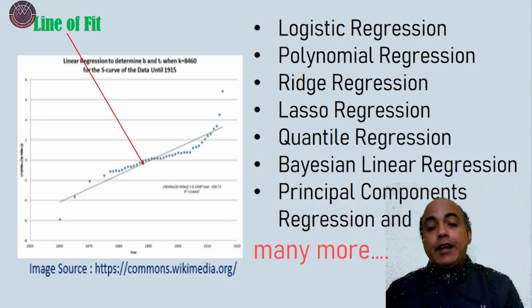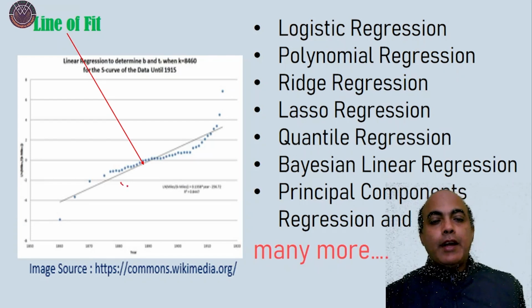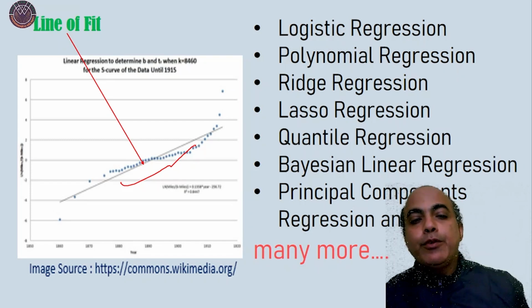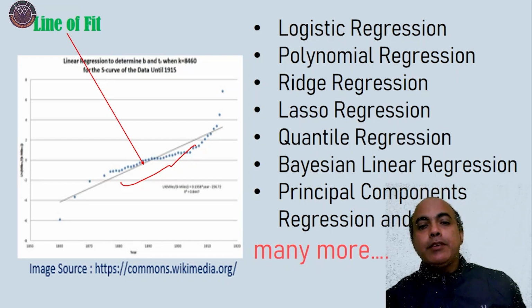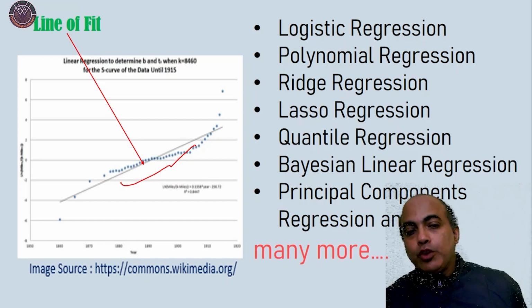So in regression analysis, basically we try to get a line of fit. I think you can see here, this is the line of fit. Sometimes it is also called, most popularly, the multiple regression equation. So this is the line representing the multiple regression equation.